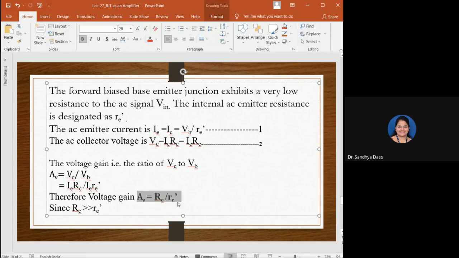In other words, RC is very much greater than RE dash. So the output voltage VC is always an amplified version of VB. So this is one way of proving that amplification process.